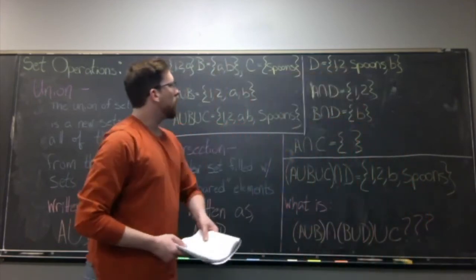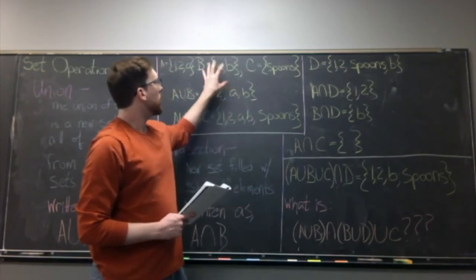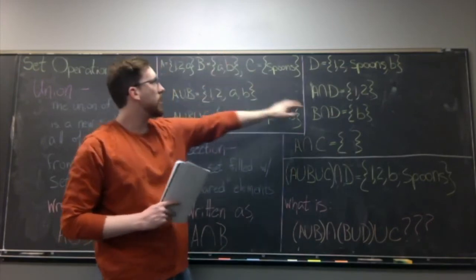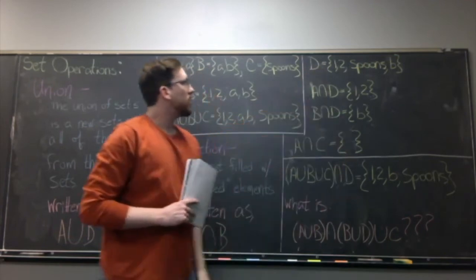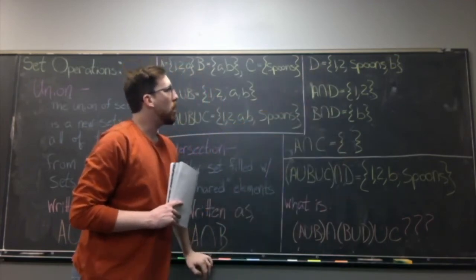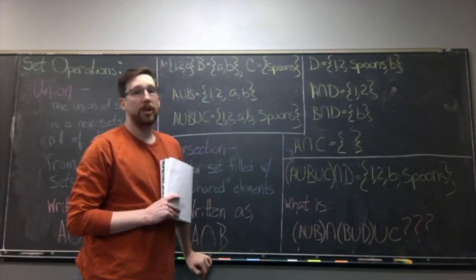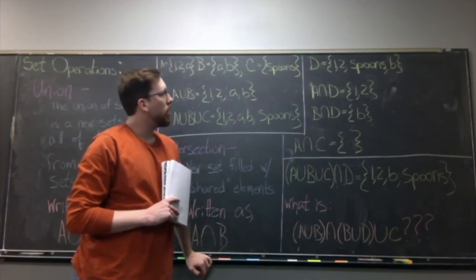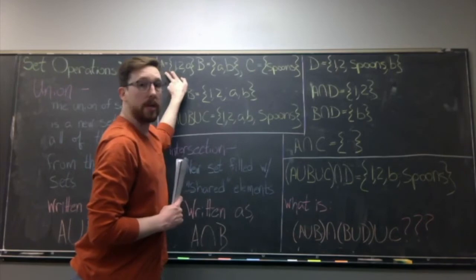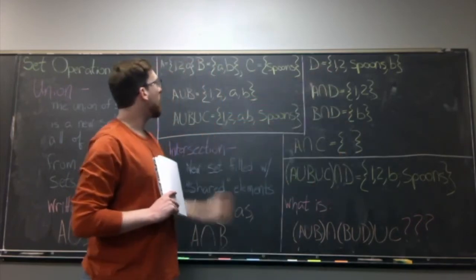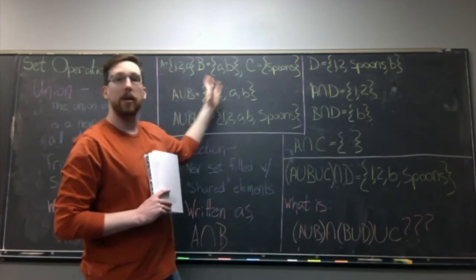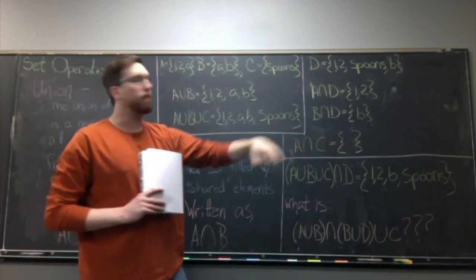So what does this look like in practice? Well, let's keep all of these sets the same. And now let's imagine we also have a set D. The set D is going to have the elements 1, 2, spoons, and b. Now if we wanted to take the intersection between A and D, we would find all the shared elements and dump those into a new set.